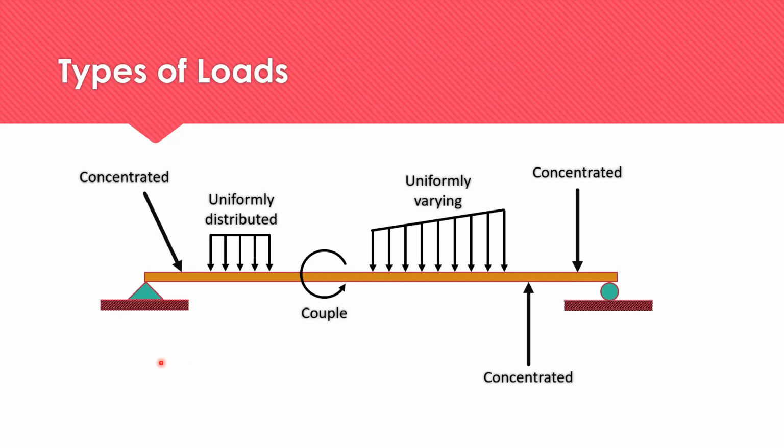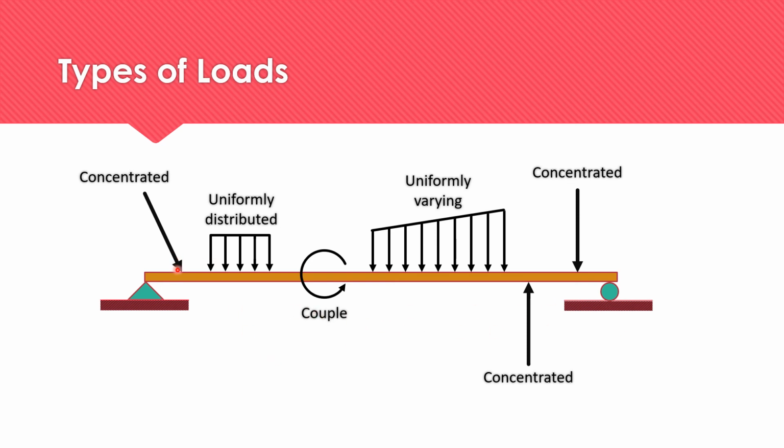Now, this slide is a review of the types of loads na possible na dalhin ng isang beam. Pero pinagsama ko na dito sa isang simply supported beam. But in our examples, we will see combinations of any of these loads here.